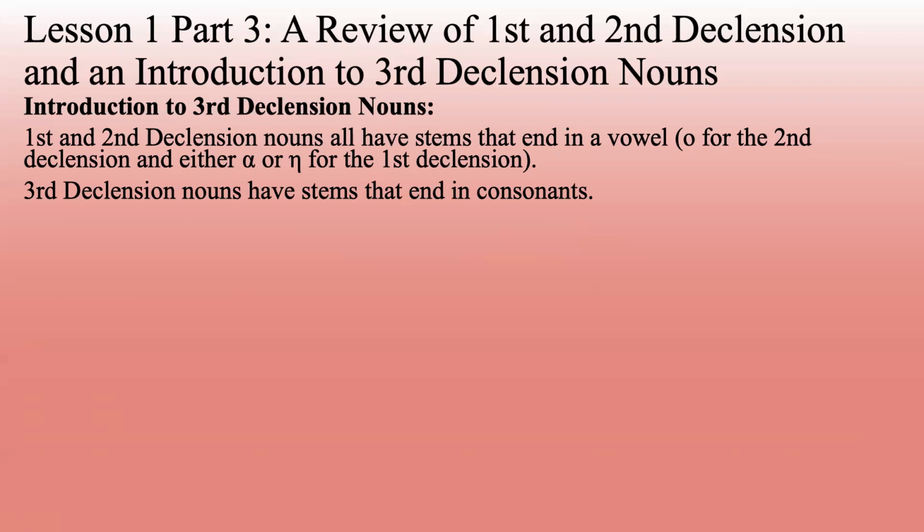Now, within each of those patterns, for example within first declension, we do have a few different patterns, but they're very, very similar. We've got masculines and we've got feminines. Gender is almost like a sub-declension inside our big declension.